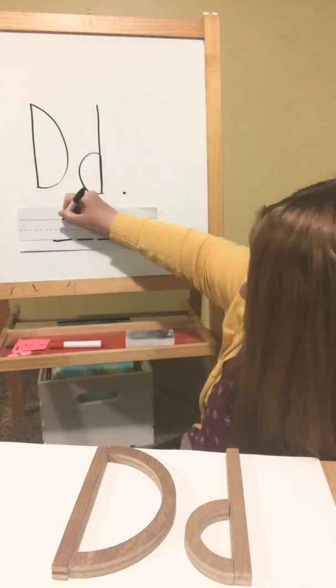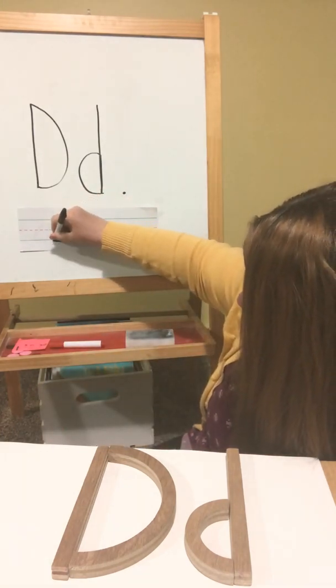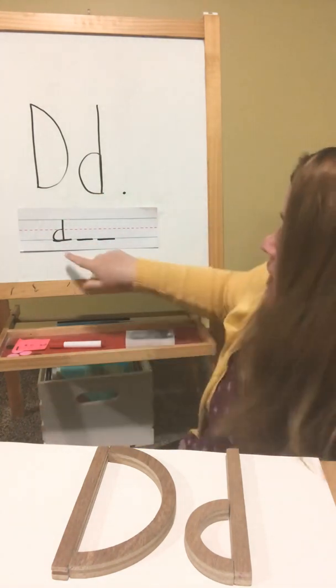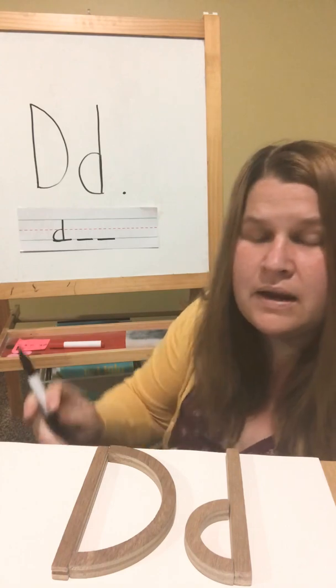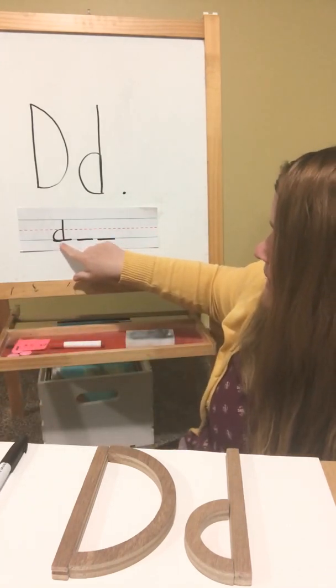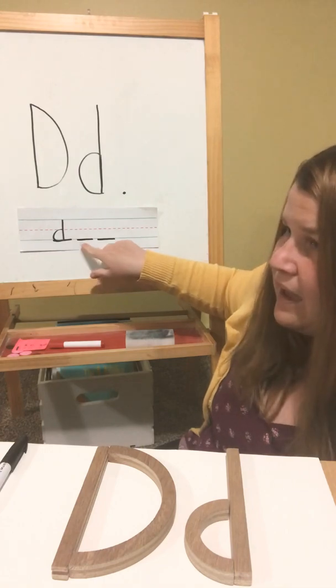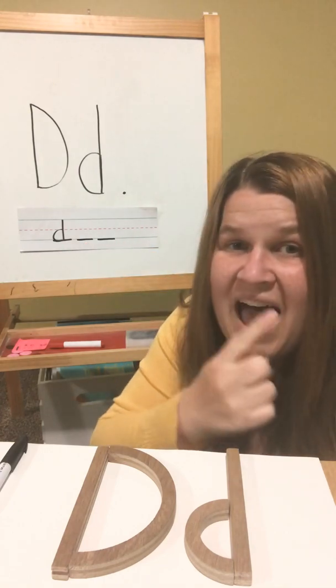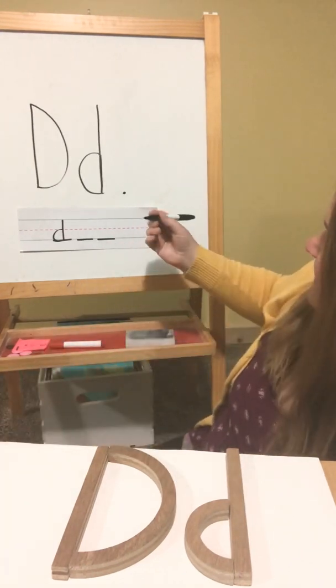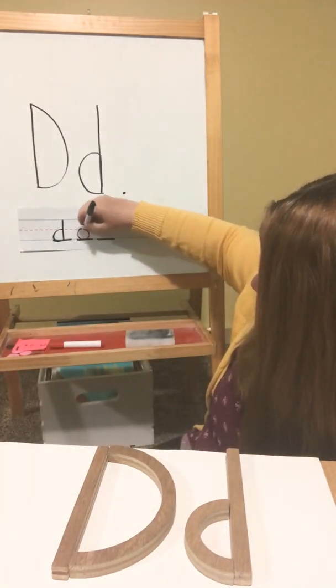So I'm going to start by writing a D in this first line there. Now I'm going to stretch the word out, and I'm going to see if I can figure out this middle sound. Okay, you ready? D, ah, ah, ah. You got it? It's an O. Our next letter is an O.